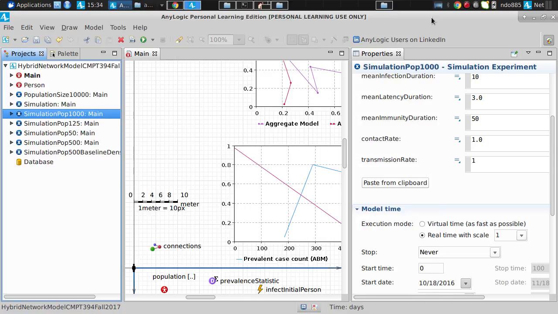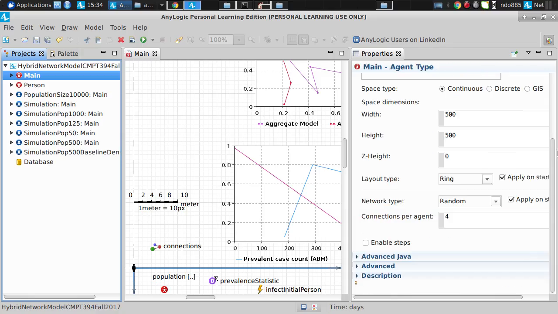What do you think would happen, ladies and gentlemen, if we were to increase the number of connections that each of those agents have? So let's go down main. And here we have connections per agent 4. Let's suppose we made it connections per agent 10. What do you think the difference would be?